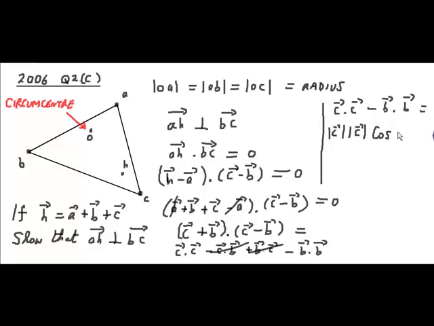The angle between C and itself is of course 0. Minus, same thing for B, the modulus of B by the modulus of B by the cos of the angle between B and itself, which is of course 0.